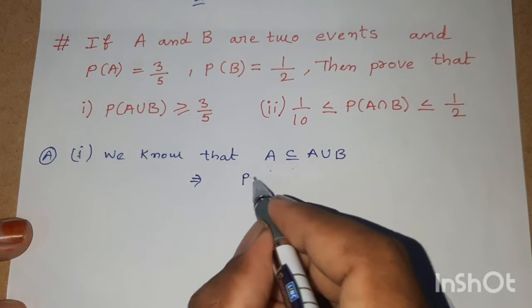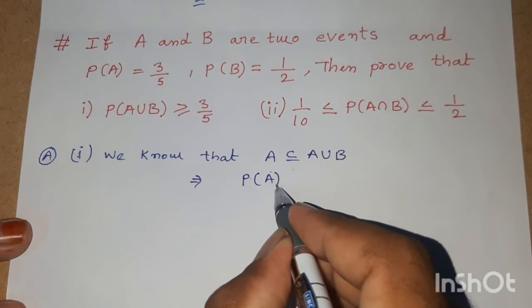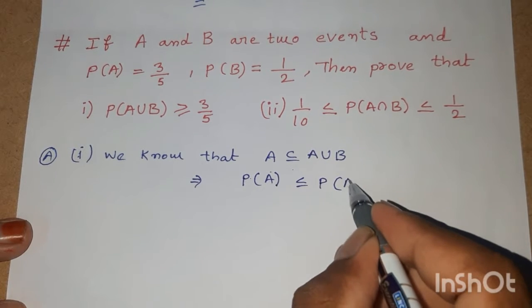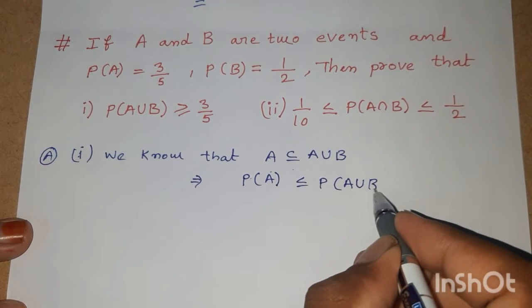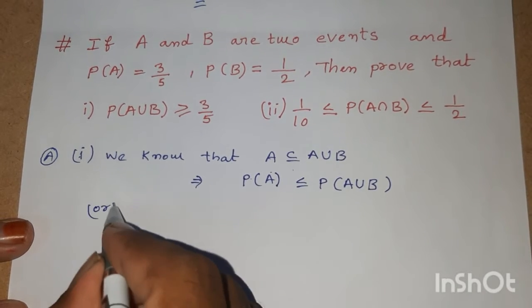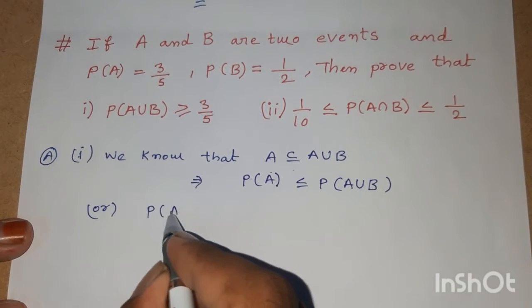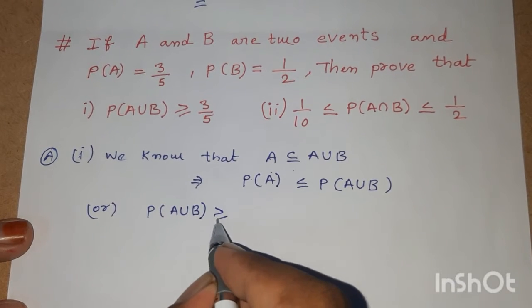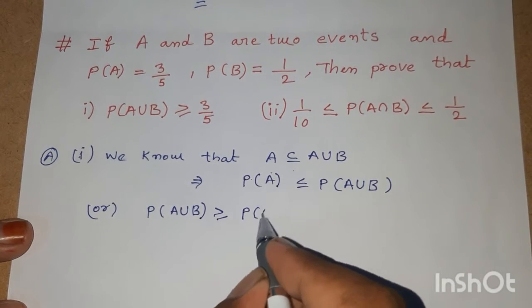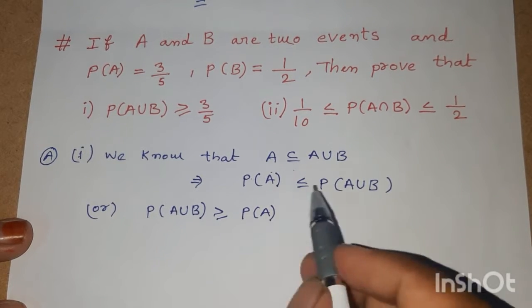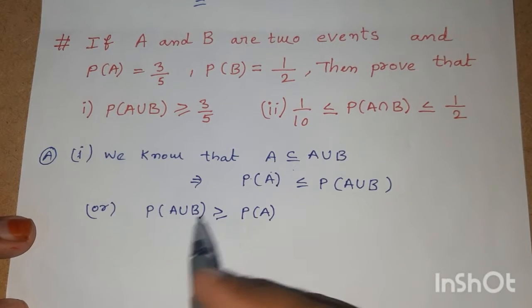It implies that P(A) is less than or equal to P(A ∪ B), or P(A ∪ B) is greater than or equal to P(A). These two are the same, but the terms are interchanged.